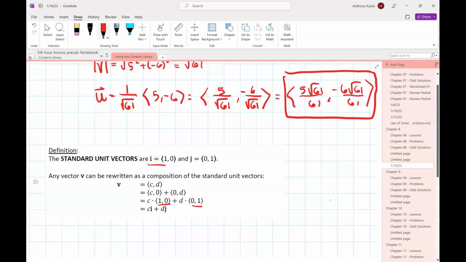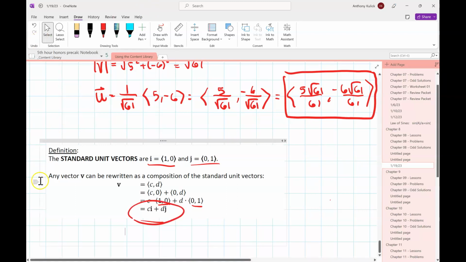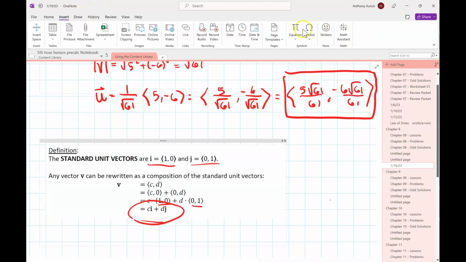And then again, i is the name we give for the unit vector 1, 0. So I wrote ci. And j is the name we give for the unit vector 0, 1. So I wrote dj. This representation of a vector has a name. It's called the linear combination form.